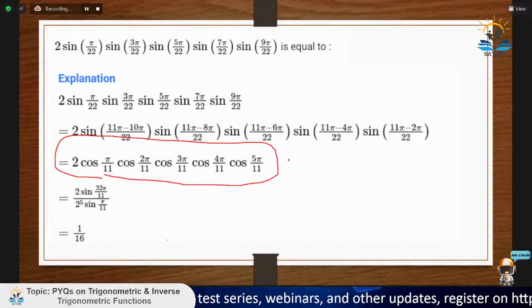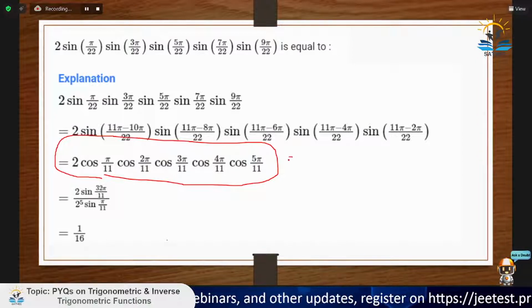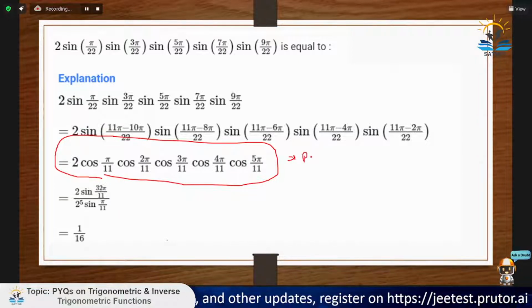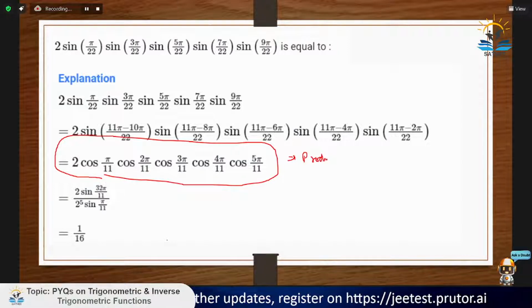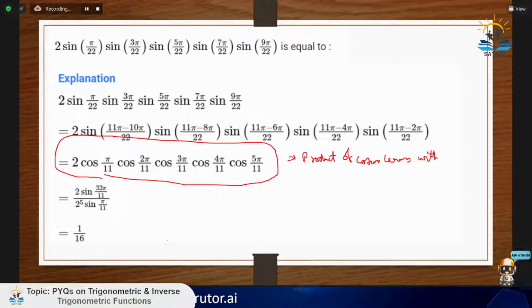The formula for this is nothing but the product of cosine terms with angles in arithmetic progression.